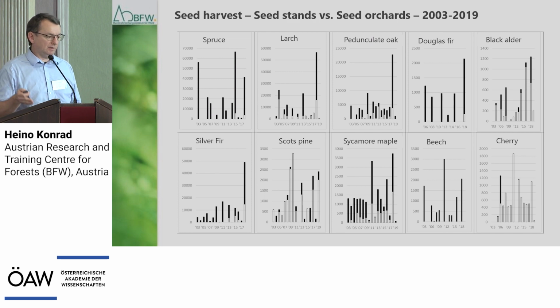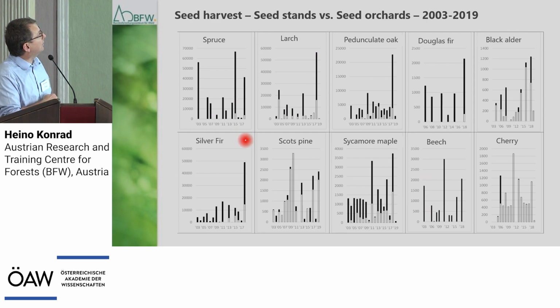As I've said, we have seed orchards and seed stands. This figure should show you the importance of the orchards, but also the fluctuation of the harvest numbers between the years. So there are stand-forming species like beech, where we don't have any orchards, so there is no influence of orchards. In spruce, the orchard importance is just coming, with 2-3 registered seed orchards.